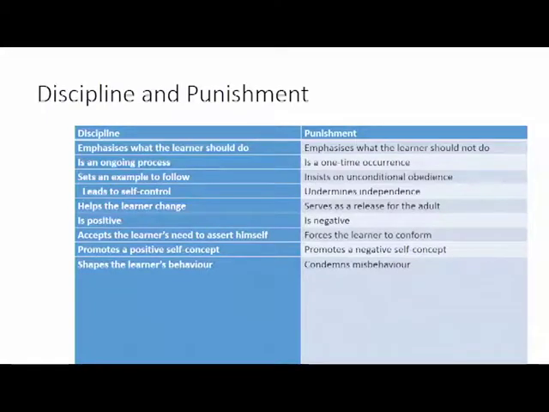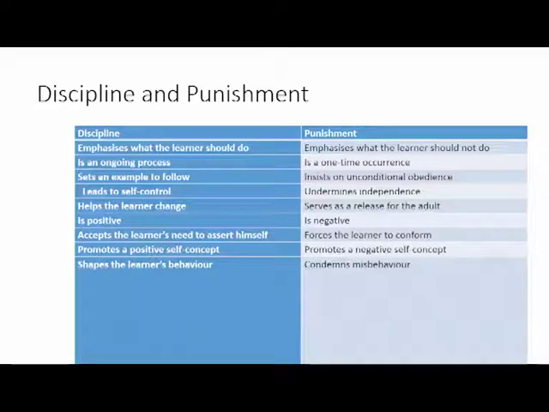So I want you to look at discipline and punishment. What are the differences between the two? When we are saying we are disciplining you and when we are saying we are punishing you, what is the difference? Discipline emphasizes what the learner should do, while punishment emphasizes what the learner should not do.